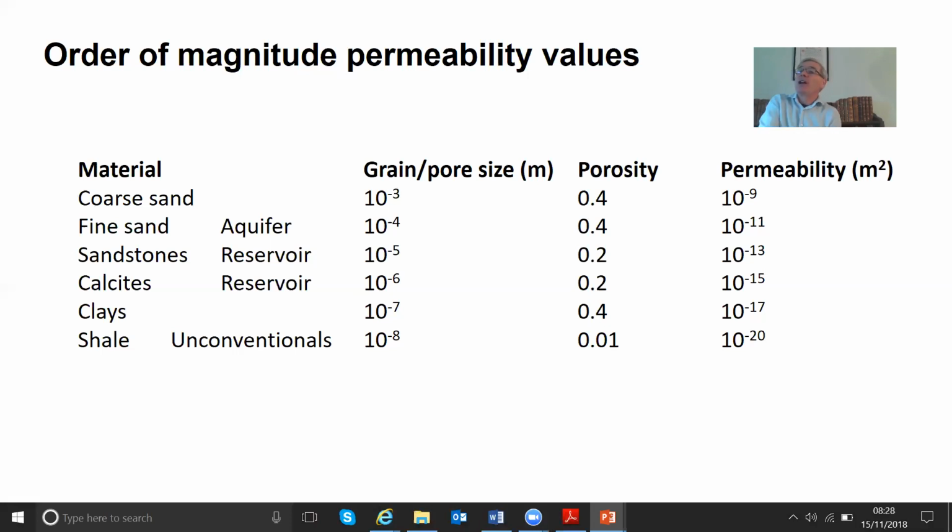But unconventional shale oil and gas production is about producing the oil and gas directly from that source rock. And so it's very low permeability rock, but if it's fractured through hydraulic fracturing, or fracking as it's called nowadays, you can produce economic quantities.